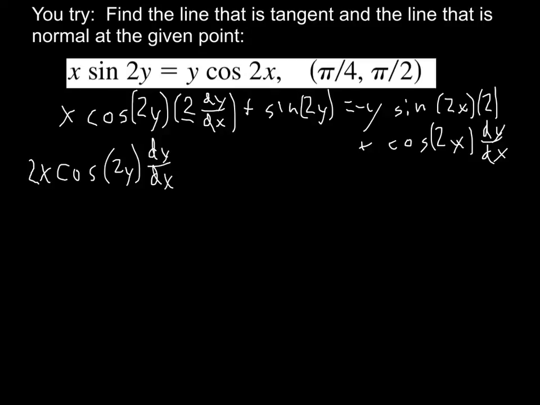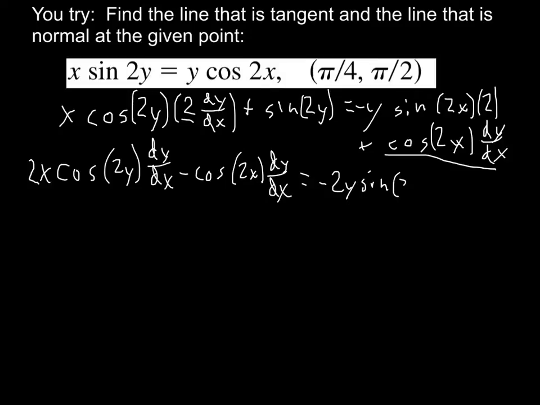Okay, I want this now to come over, so I'm going to make it minus cosine of 2x dy/dx equals, move everything else to the other side, so I have negative 2y sine of 2x minus sine of 2y.